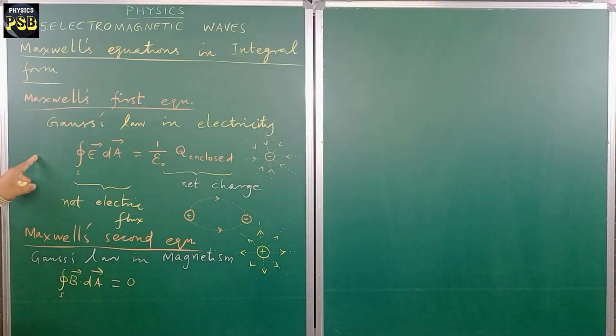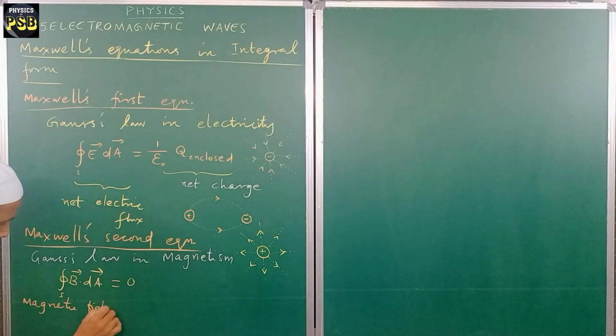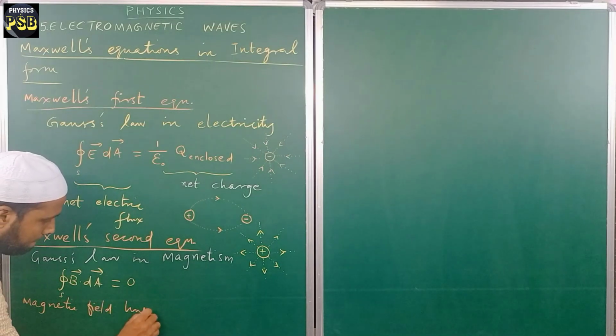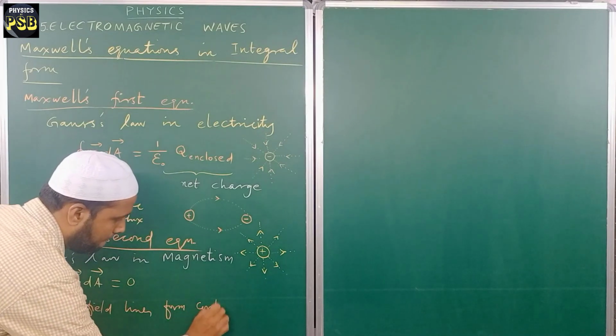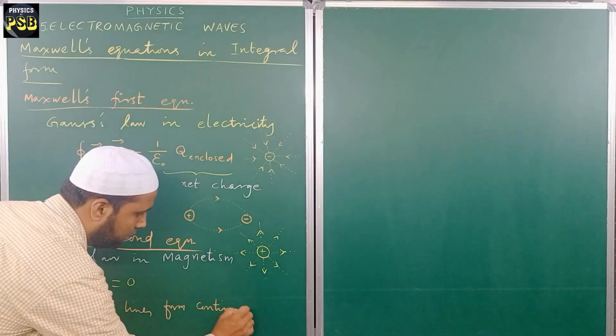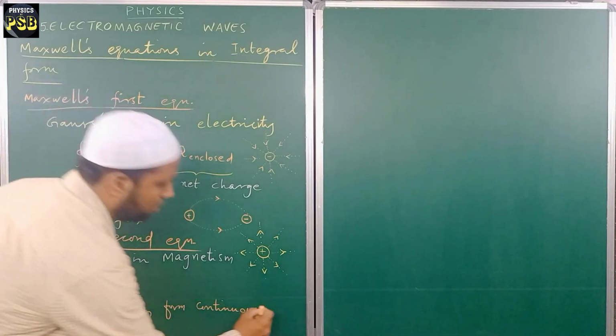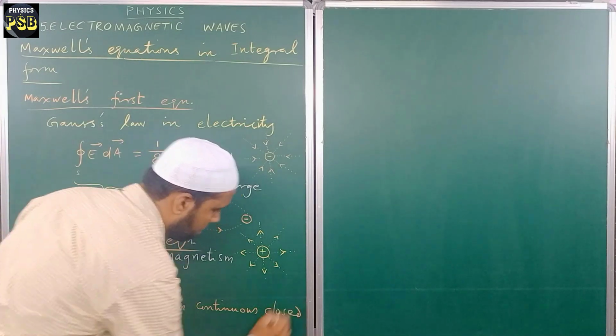Electric field lines do not form a continuous closed path, but magnetic field lines form a continuous closed path.